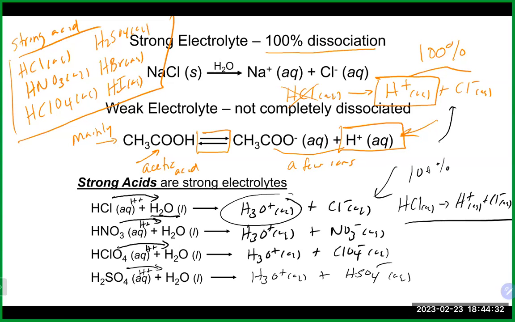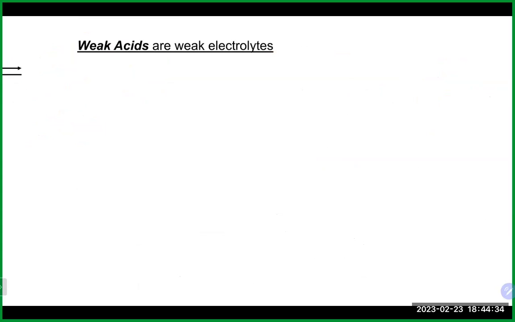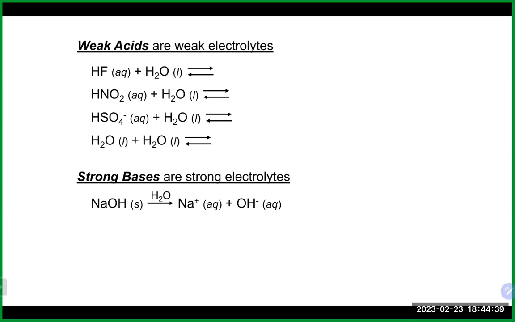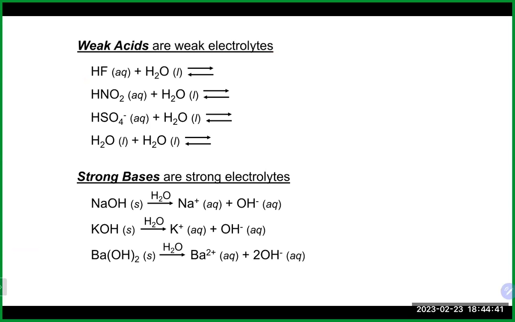All right. Now some weak acids. Here are some weak acids. We got hydrofluoric acid. We got nitrous acid, and we actually have water as well. So in this case, again, each of these guys are going to send their H plus over, basically.